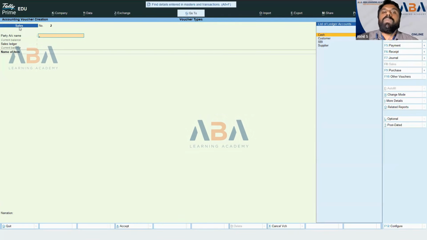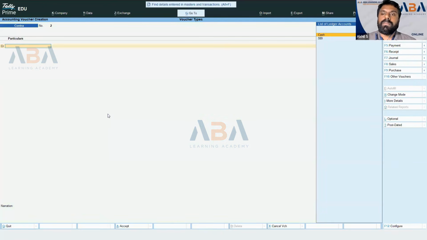Now let us assume that we need to post a contra entry. Okay. So in that case, what we will have to do, we can either use the mouse, drag it along, and then click contra. Okay. But instead of that, we already know we have shortcut keys. So we just need to press F4. So when you press F4, you can see the screen changed and it took us to the contra entry screen.